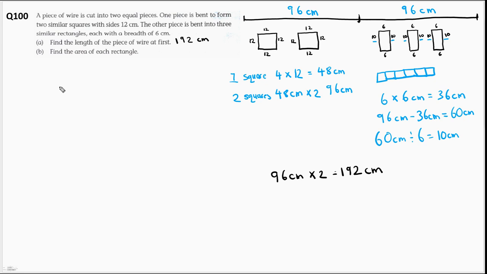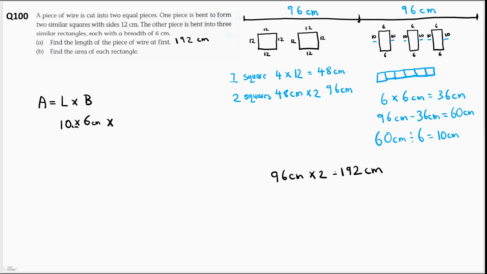Well, what is area? Can you remember what area is? Area is the length times the breadth. This is just each rectangle, so we just need to think about one of them. So what's the length of one of these rectangles? Well, the length is 10. What's the breadth? The breadth is 6, and this is all in centimeters. So the answer is 10 times 6, which is 60.